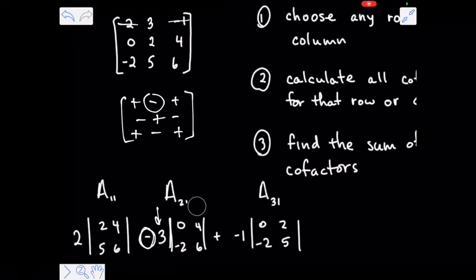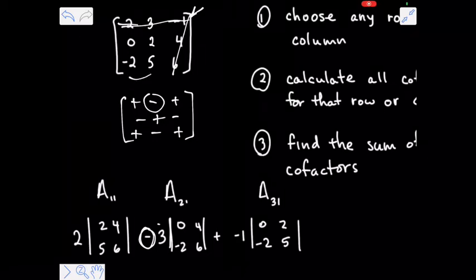Okay, now that I've found the cofactor in this spot, I've got to move across the row and find the cofactor here in that spot. So cross out the row, cross out the column. That leaves that matrix here.